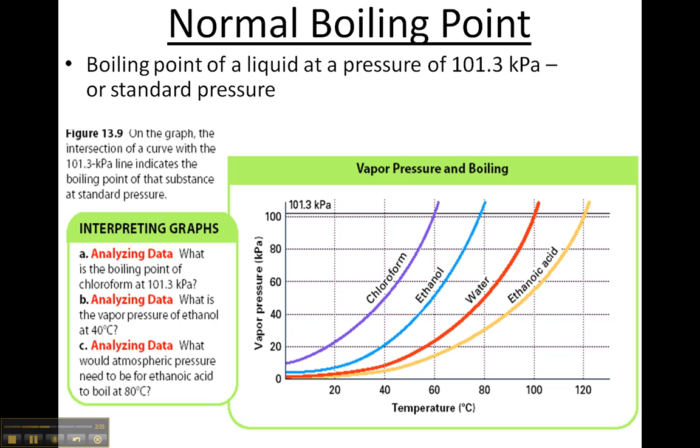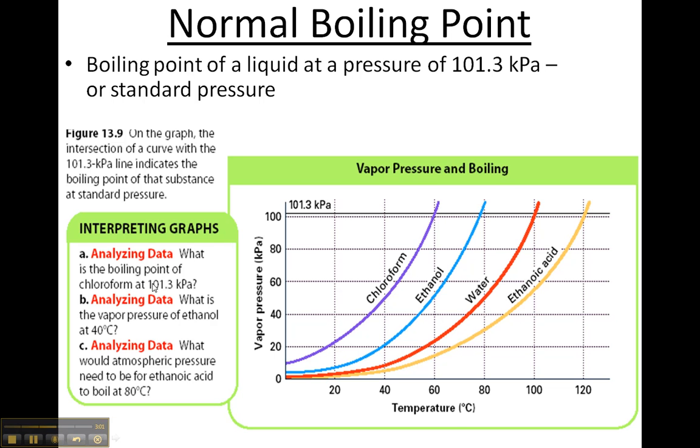And this is a curve of 4 different substances here. And the 101.3 kPa line indicates the boiling point of that substance at standard pressure. So where these cross, the boiling point at standard pressure is at 101.3 kPa.